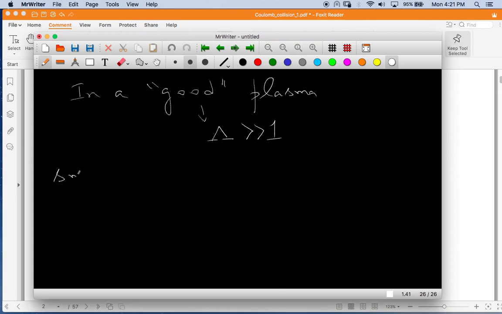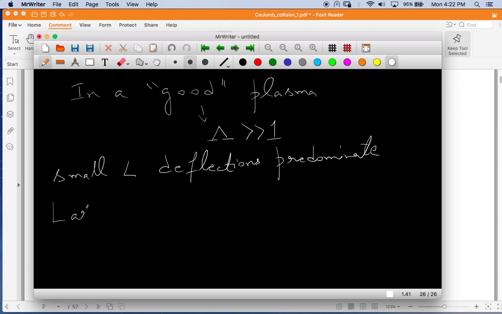Small angle deflections predominate, and so large angle deflections are rare. This is a statement I've made, and we will find a way of justifying this also.